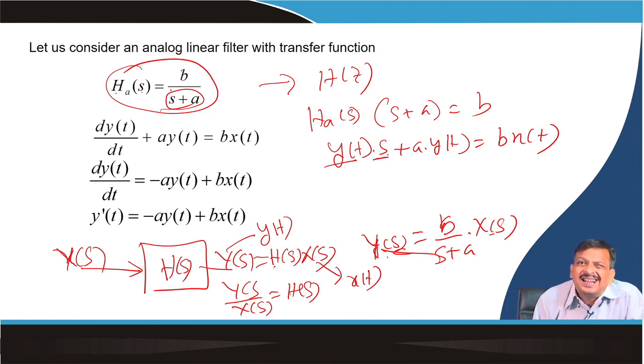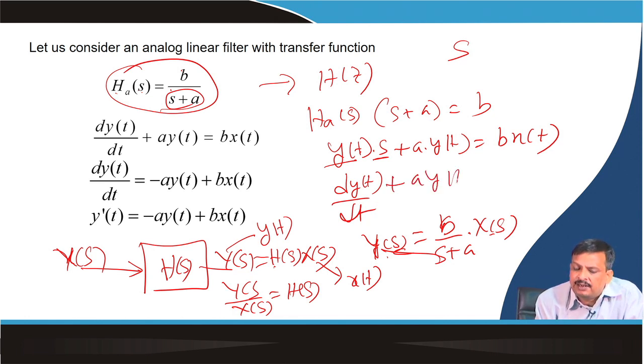So Y(s) gives me y(t), which is multiplied with S. What is the meaning of S? S is the Laplace variable, and S is nothing but a differentiator. So I can say this is nothing but dy(t)/dt plus a y(t) is equal to B into x(t).